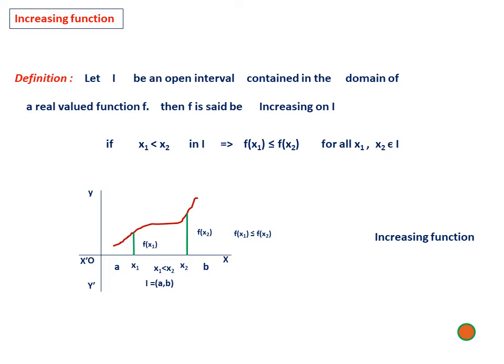Now there is one more concept, strictly increasing. Let us see what it is. Strictly increasing function. Look at this diagram. The function y equal to f of x is strictly increasing, so it is not flat at any point. AB is the open interval. You take x1, with functional value f of x1, and x2, another point, with functional value f of x2, and the condition is x1 is less than x2.